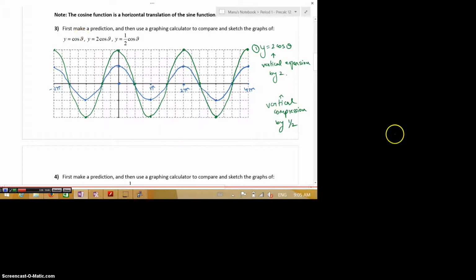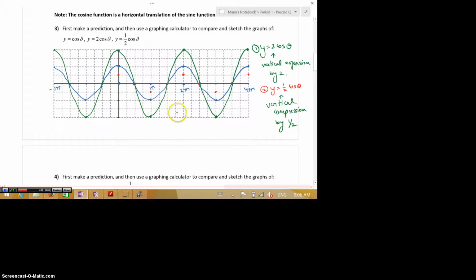Our second graph, I'll put it in red. The 1/2 cosine theta is basically going to show that all the y values get cut by a half from the original graph, not from the new transformed graph. The original graph is blue, so all the y values get cut by a half. So a half, 0, a half, 0, a half, 0, a half, 0. Oh, no point there. A half.